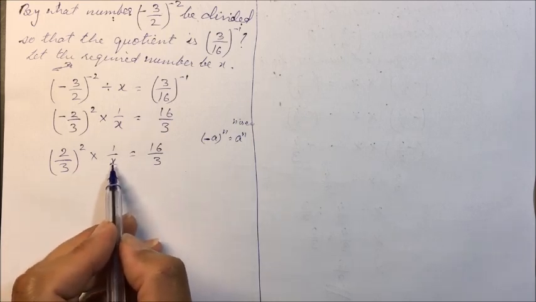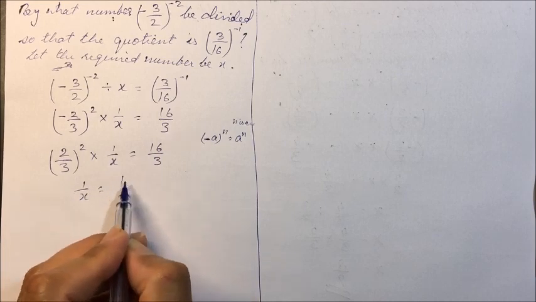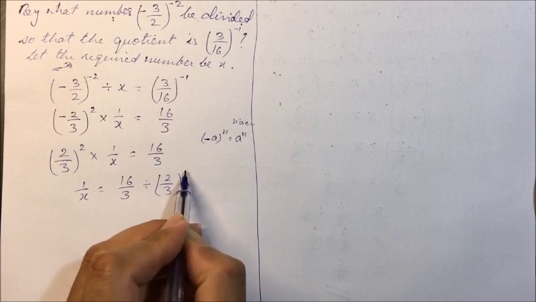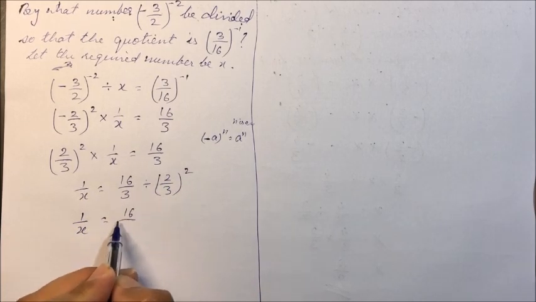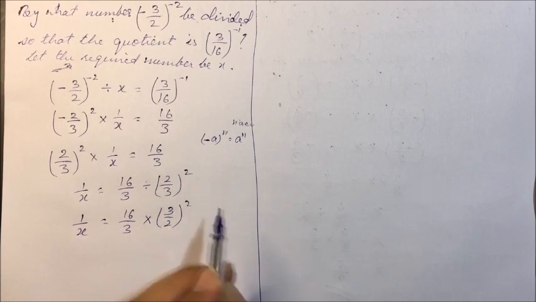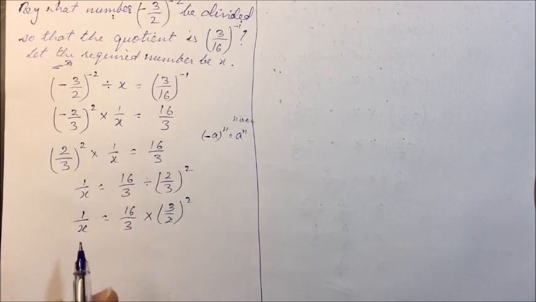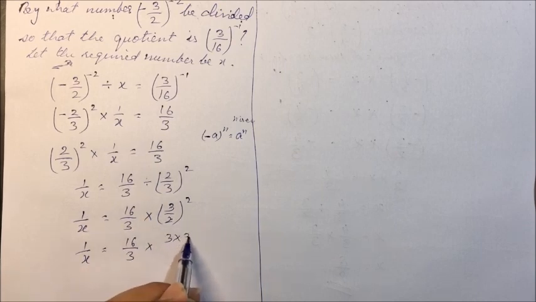And x, if we take this on this side, 1/x equals 16/3 divided by (2/3)^2. 1/x equals 16 divided by 3 into (3/2)^2. As we have changed the operator, we have to take the inverse of this one. 1/x equals 16 divided by 3 into 3 into 3 divided by 2 into 2.